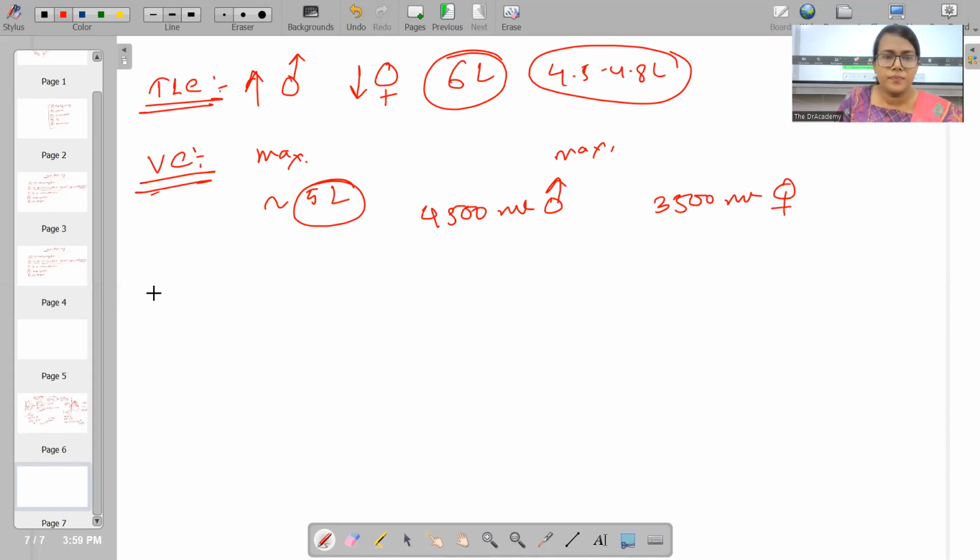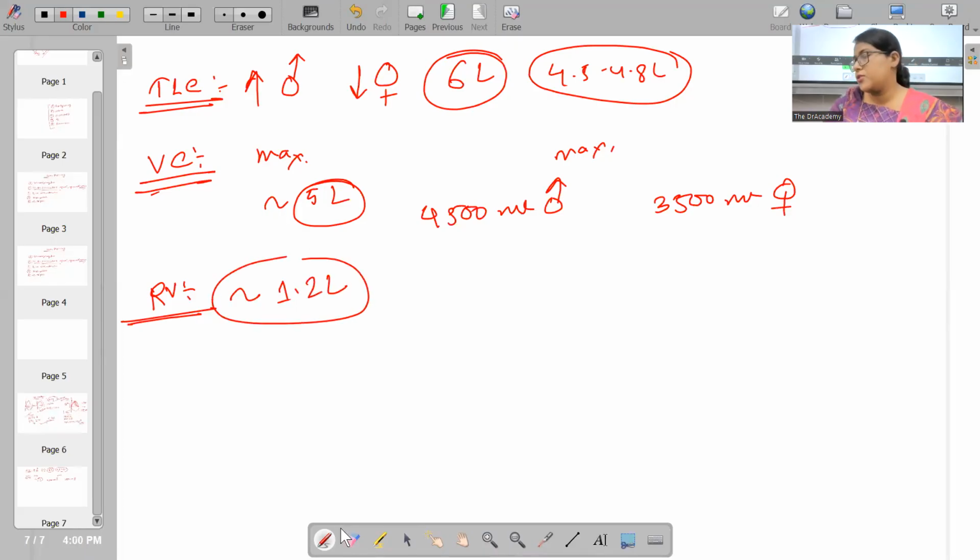Next up is residual volume. Residual volume is basically, after taking a maximal expiration, the amount of remaining air in the lung. And residual volume is roughly around, I think, 1.2 liters. Let me just check. Remembering these particular things is quite tricky.